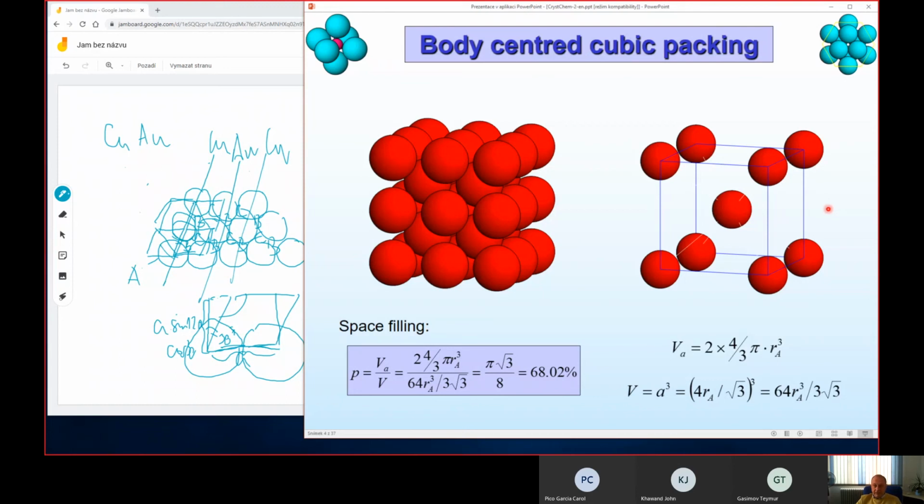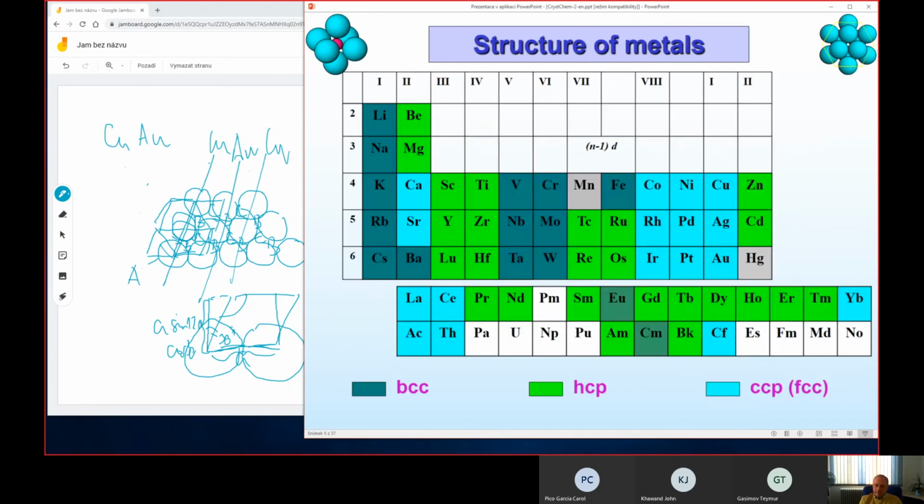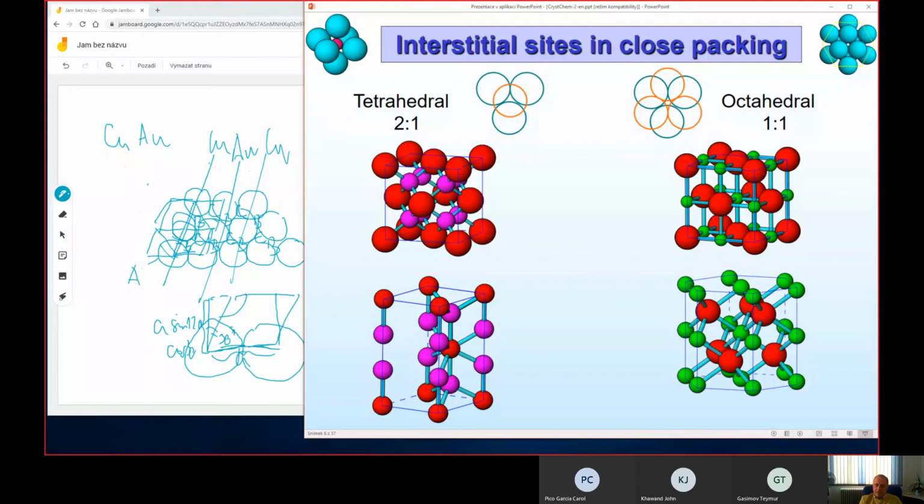But even this distance can be considered as a bonding distance. So we have 8 atoms closer to the considered atom and 6 atoms at a larger distance. So the effective coordination number for BCC structure is something between 8 and 14.